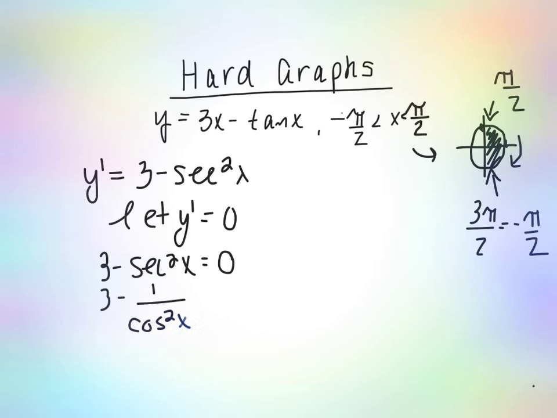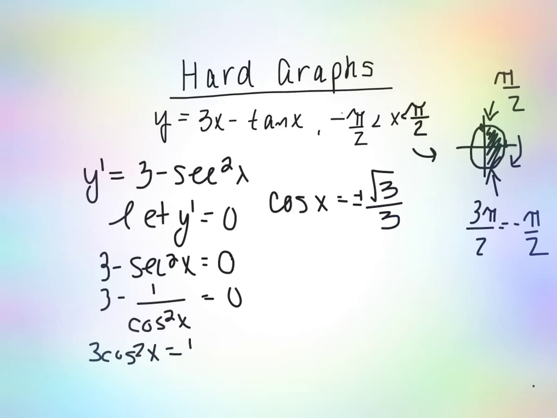Multiply through, and after you solve that through, you get the cosine of x equals plus or minus the square root of 3 over 3.